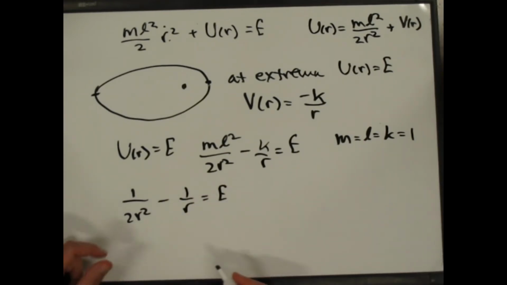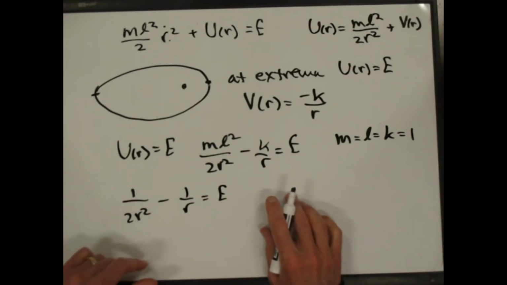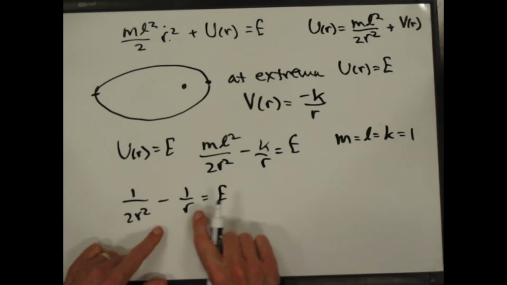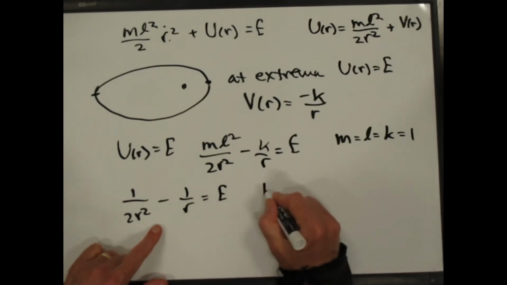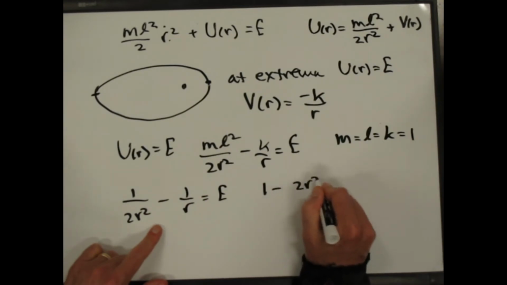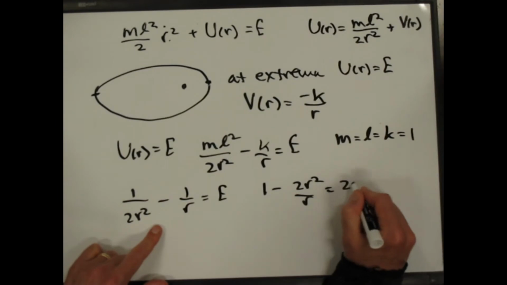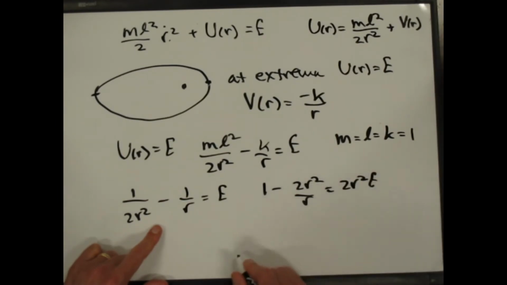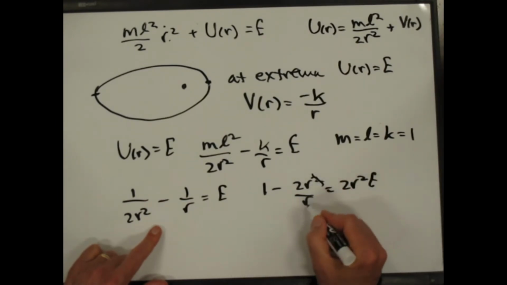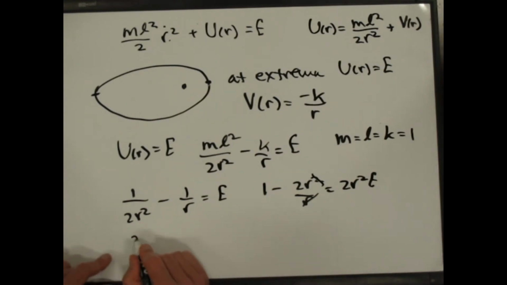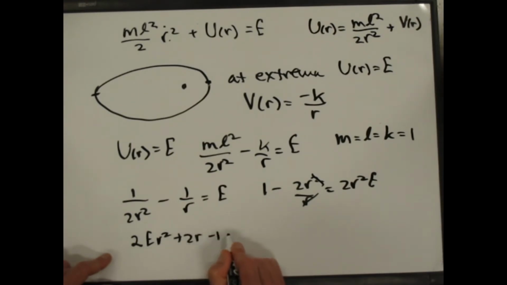I'm going to insert some graphs in here. But first I can just multiply through by r squared, and I get 1 minus 2r equals 2r squared e. And so what I get is 2e r squared plus 2r minus 1 equals 0.